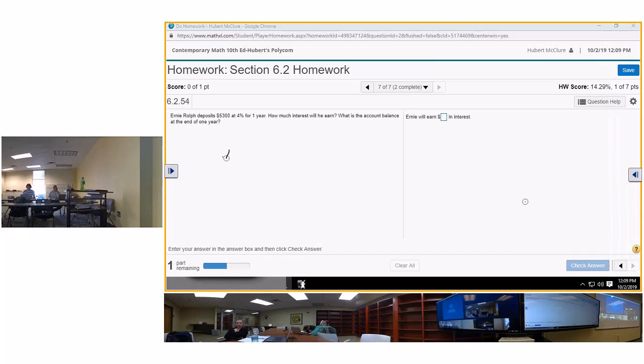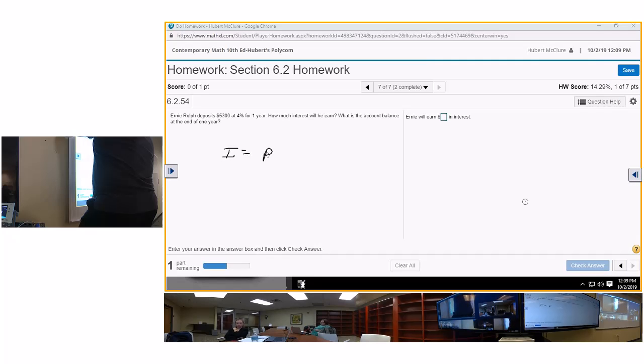I is equal to PRT. P is what you put in. R is the rate. And T is the number of years. So I is equal to 5,300 times R. What's R? 0.04.